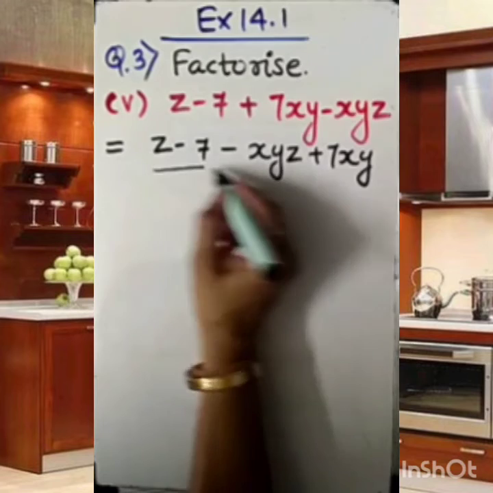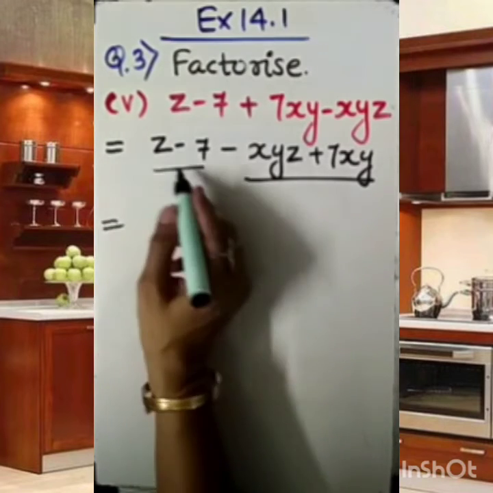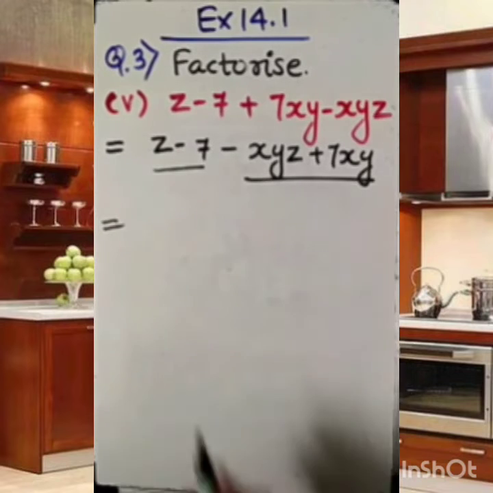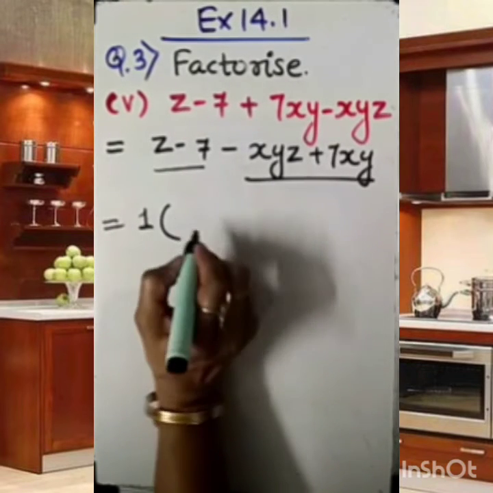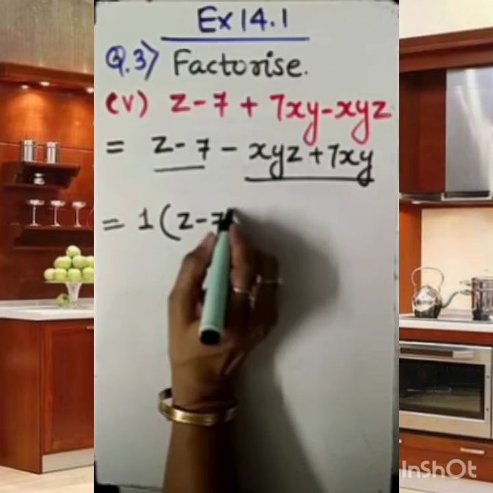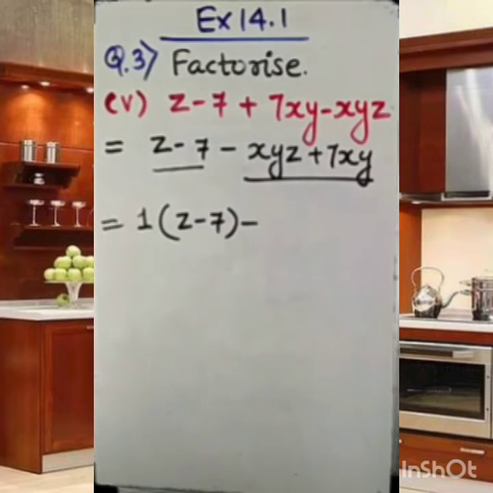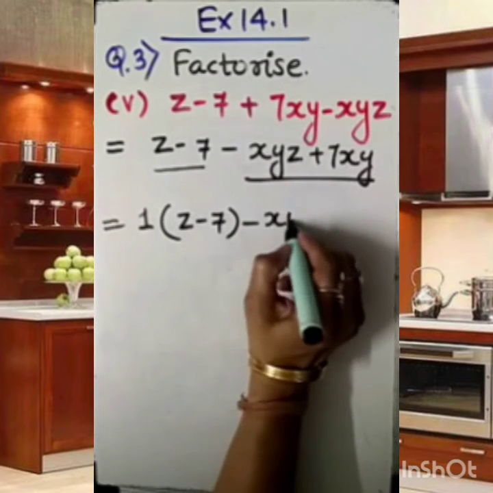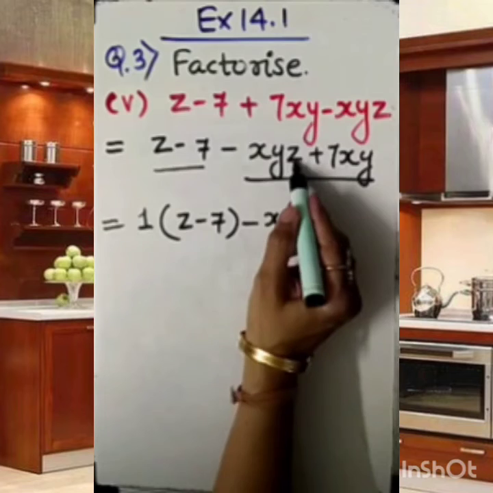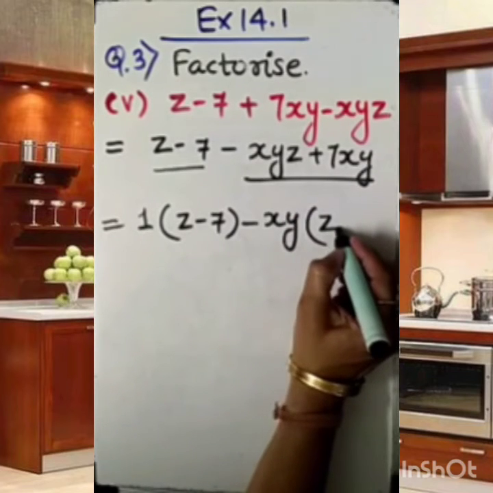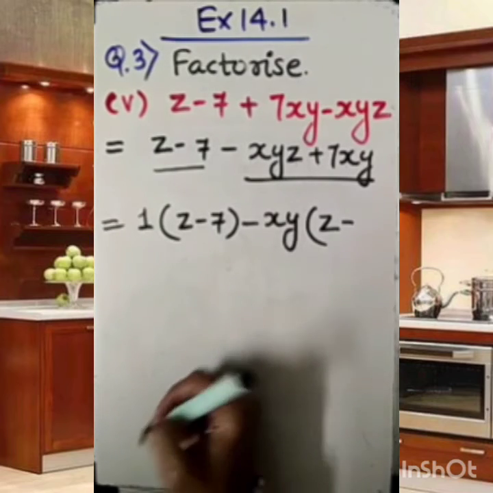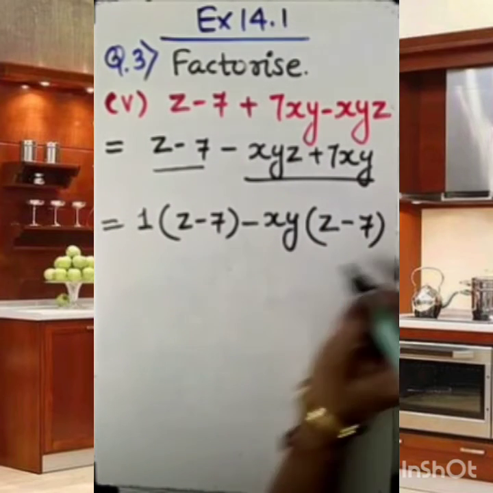Now let's make a pair. From the first two terms, nothing is common, so we know 1 is always common. Inside the bracket, z minus 7 will be there. Minus, out of these two terms, xy is common. So what will be left? Here it will be z; this is minus, so I need to mention minus, and this is 7.